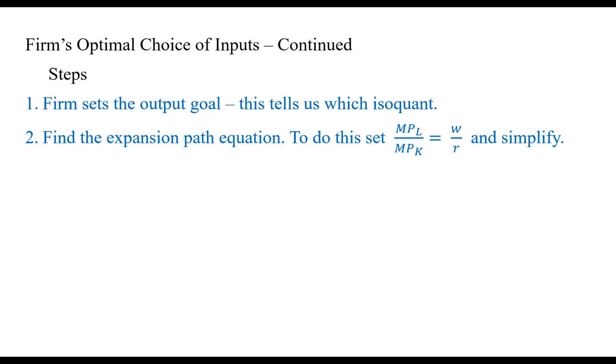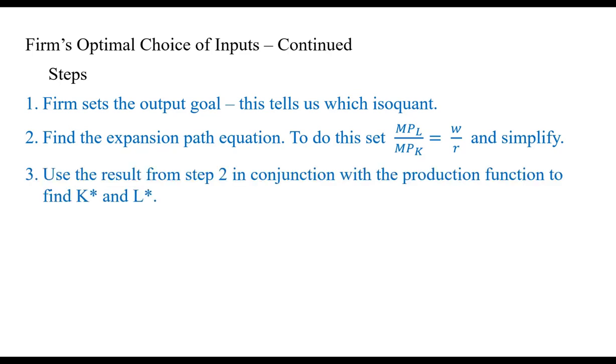When we finish that particular step, we will have an equation where K is a function of L. We then use that result from step 2 in conjunction with the production function. We would have at this point two equations, two unknowns. And we would use those two functions to determine K star and L star.